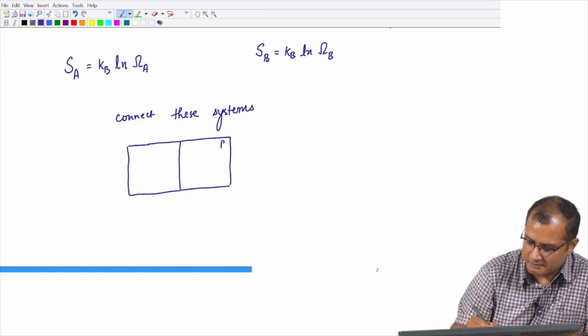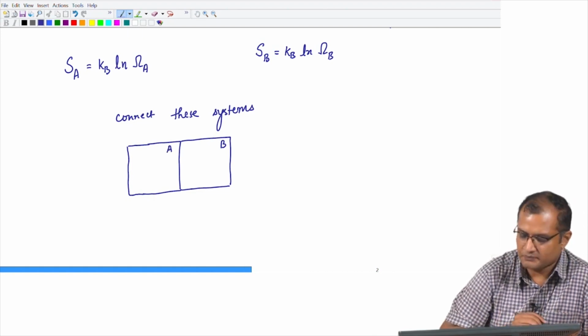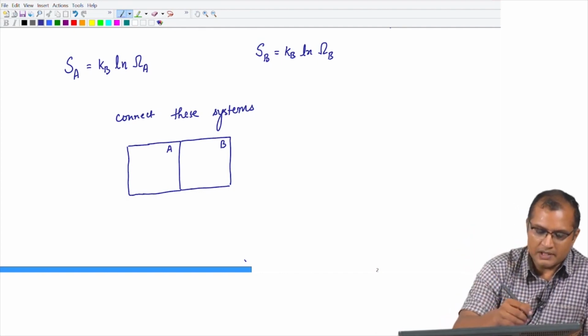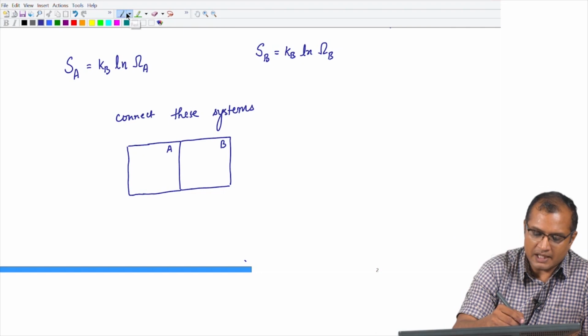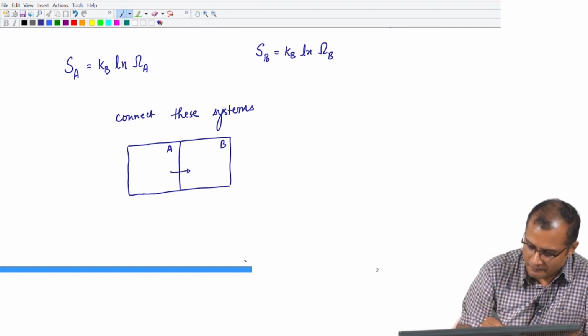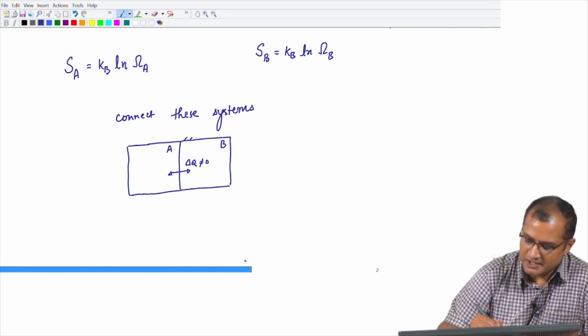So, this is my system B and this is my system A. I have connected these two systems in such a way that the systems A and B can exchange energy. Okay, but they are shielded from the surroundings.